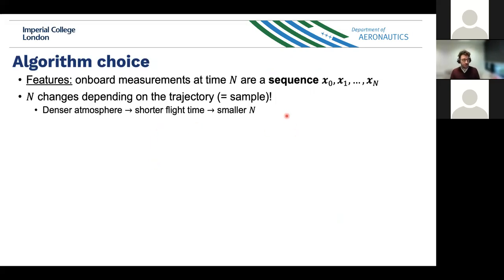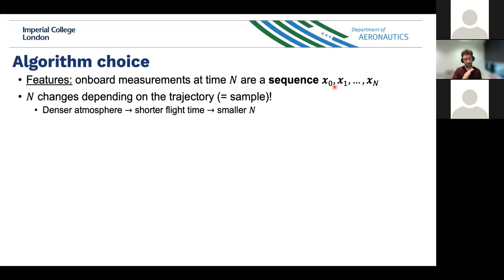So for the particular type of algorithm, we started by looking at the type of features that we have. I'll go a little bit more in depth on this in the following slides. But essentially, these are measurements that form a feature vector at each time instant.